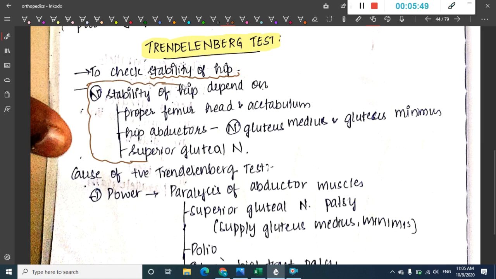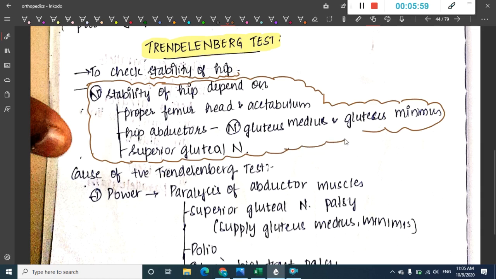One, proper attachment between the femur head and the acetabulum. I'll even draw the diagram, just a minute. These are the factors on which the normal stability of the hip depends. This is the head of the femur. I know my diagram is not appropriate, but please bear with me.